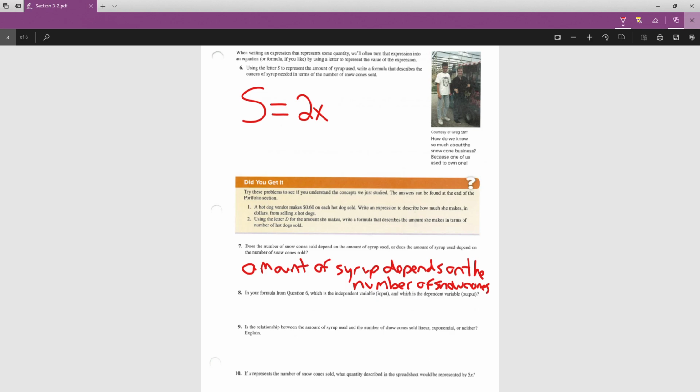Got crammed in there a little bit, sorry. Number 8 says, in your formula from question 6, which is the independent, or the input value, and which is the dependent. Since we said that the amount of syrup depends on the number of snow cones, syrup, the S, is dependent. And X, which is the input, is the independent.